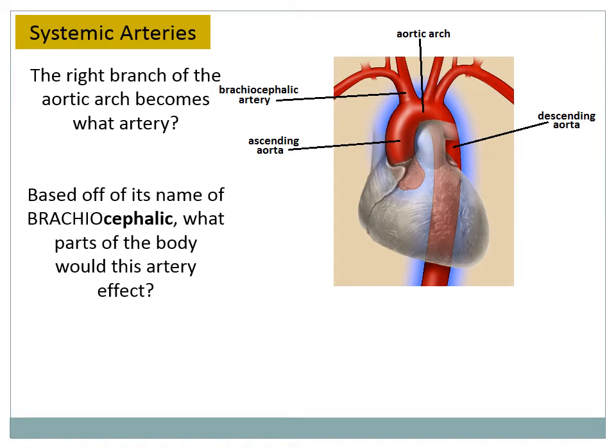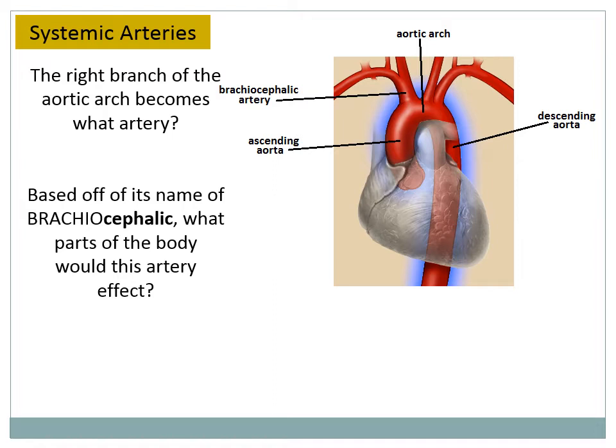I'm going to take a look now at our aortic arch and how it's branching. So notice that at your aortic arch at the top here, you can see that there are actually three branches that our aortic arch is going to branch into. Now the right branch we can see is over here.